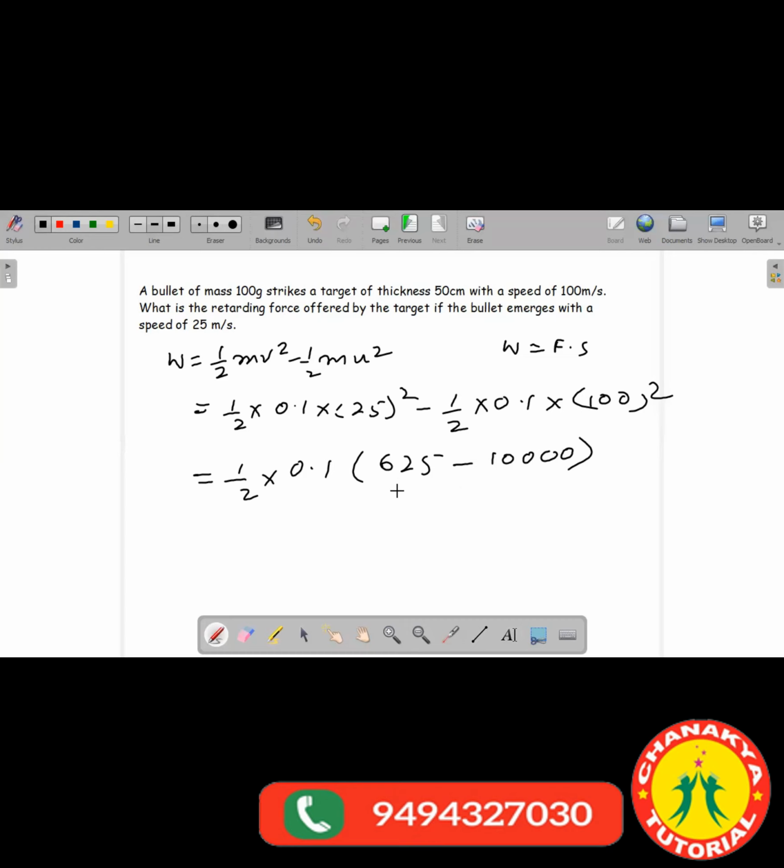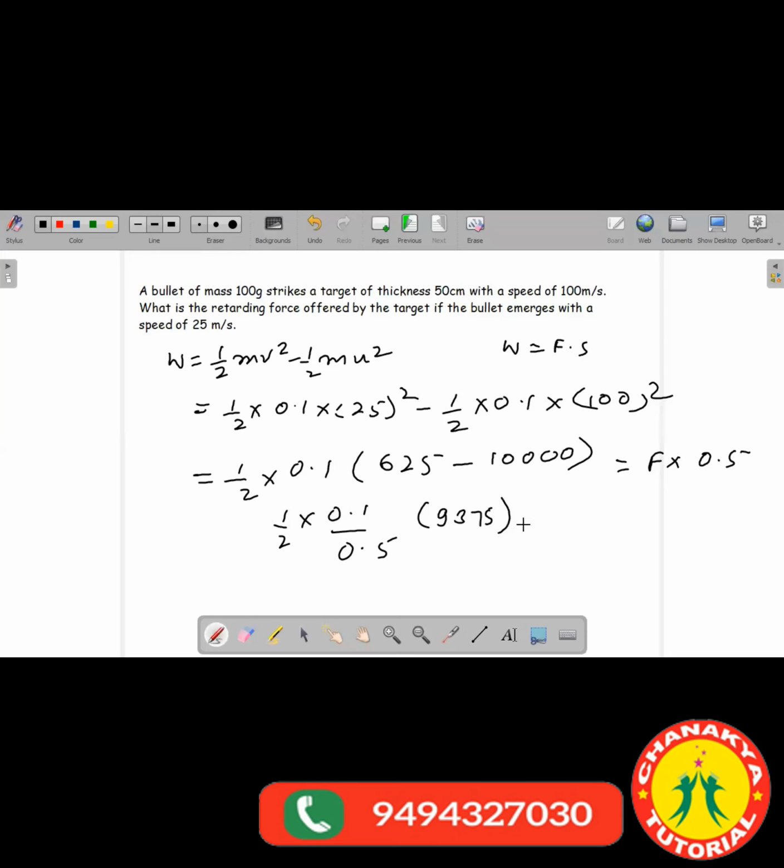Then equate the same thing with force into displacement. If you equate the same thing with force multiplied by displacement, the displacement is 0.5, which is 50 centimeter. So you can obtain the force. It would be 1 by 2 multiply 0.1 over 0.5 and subtract this. If you subtract 625 from 10,000, you will be getting 9,375.